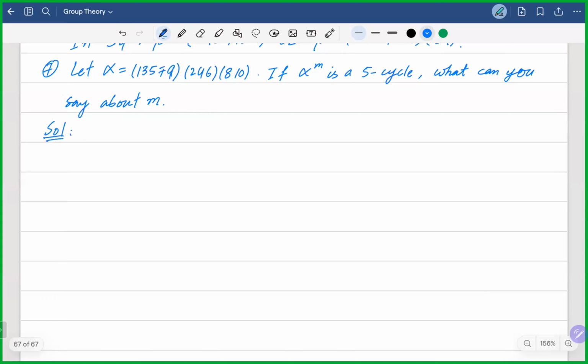Okay. So if you want to say something about m, now since alpha power m is going to be the power on each cycle, right? And the result is a 5 cycle.